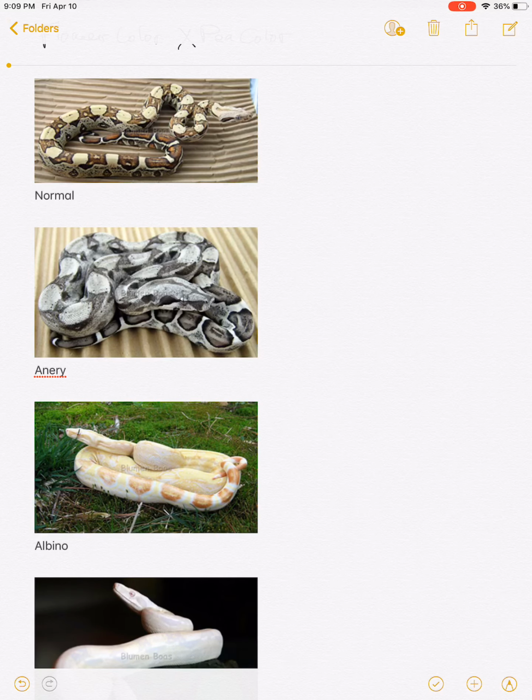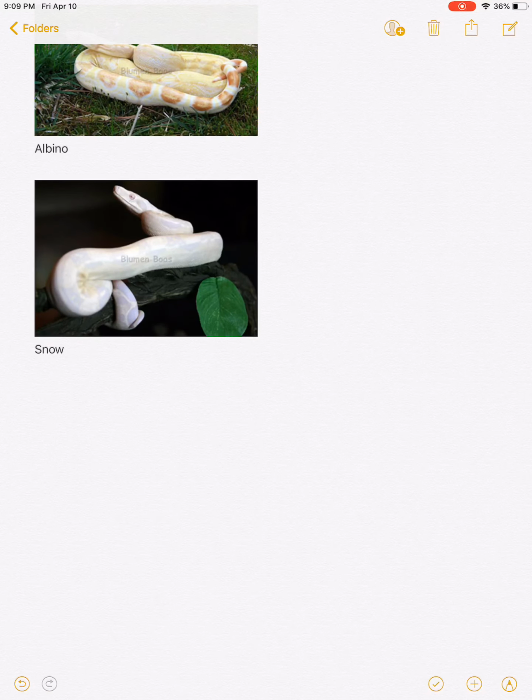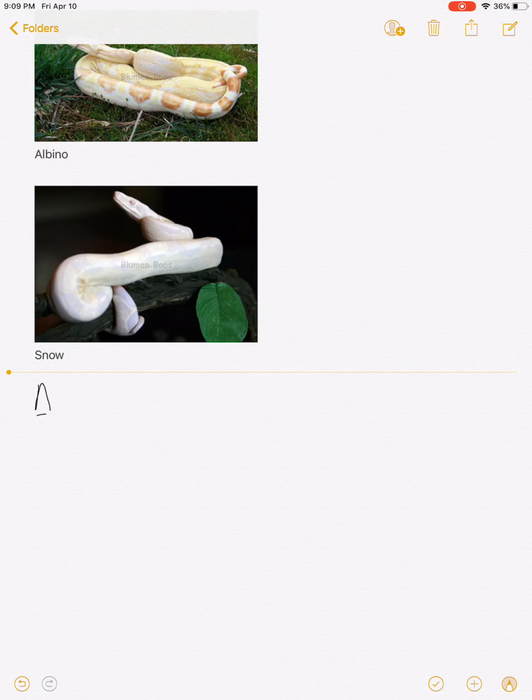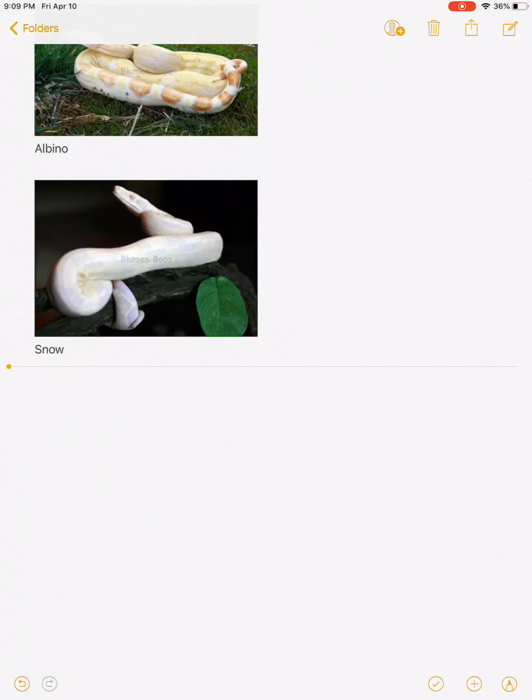So your normal boas are going to be controlled mostly by the, that worked well. Your normal coloration is going to be controlled predominantly by this A allele.